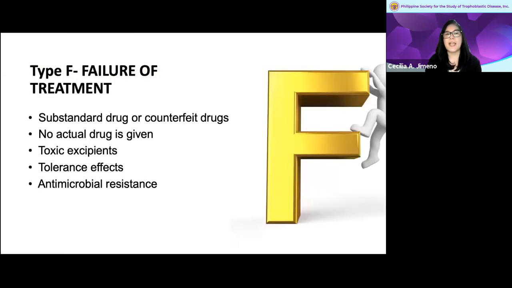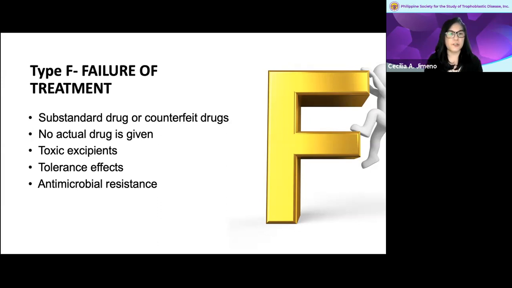And the last kind of ADR is the failure of treatment. This is when substandard drugs or counterfeit drugs are taken instead of the actual drug, or the drug itself may have toxic excipients and may not only cause ADRs, but will not actually work.